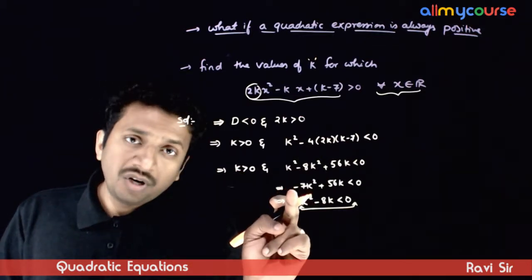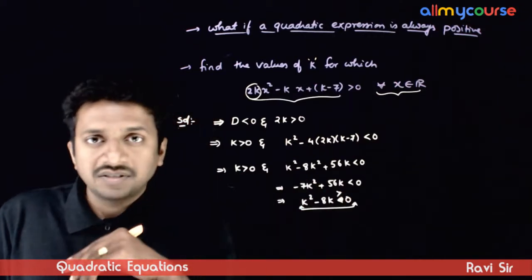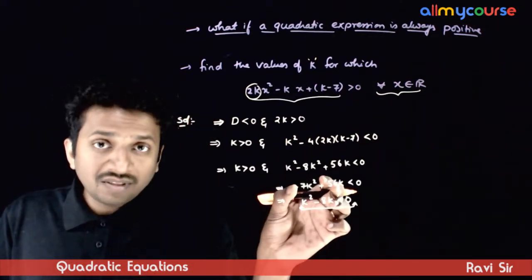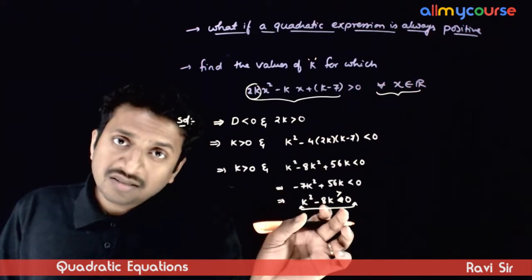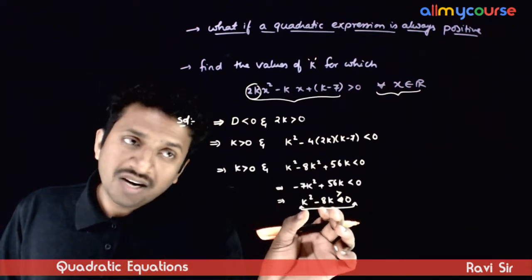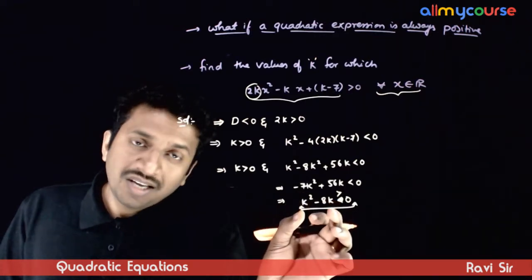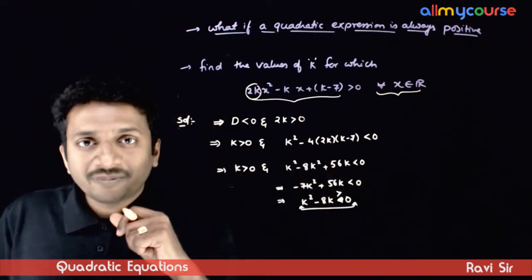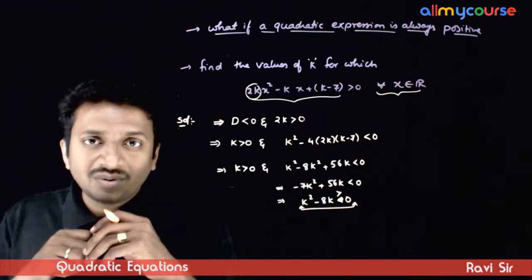A quadratic inequality greater than 0 implies the variable lies outside the roots.